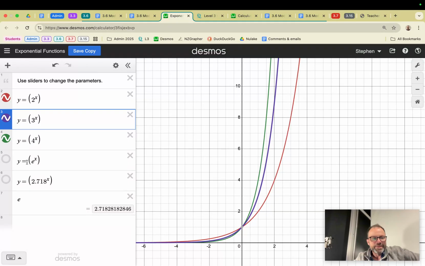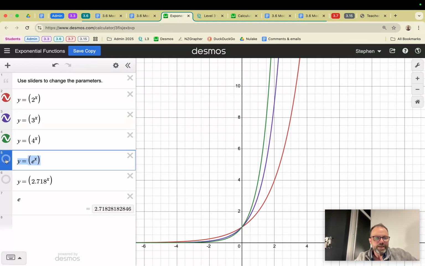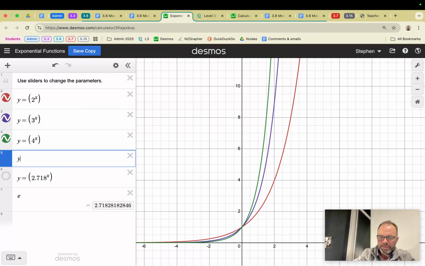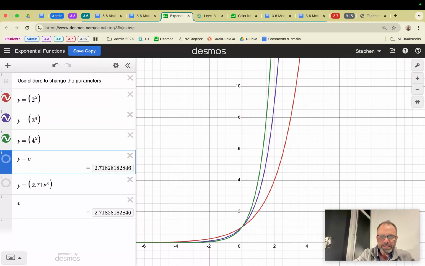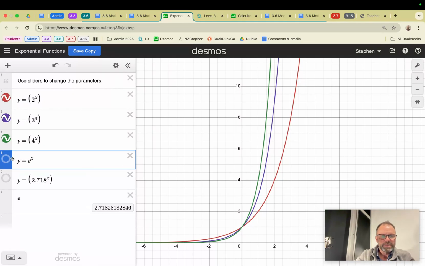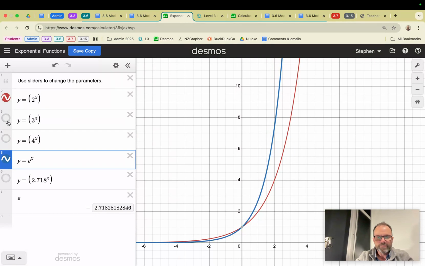Now, if you type in e on Desmos, for example, y equals e to the power x, that's what the curve looks like. Take these other ones off.